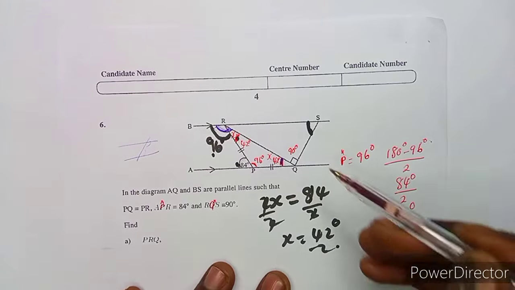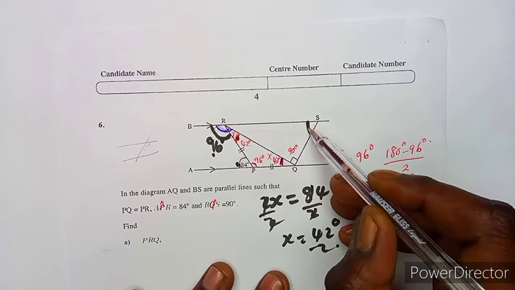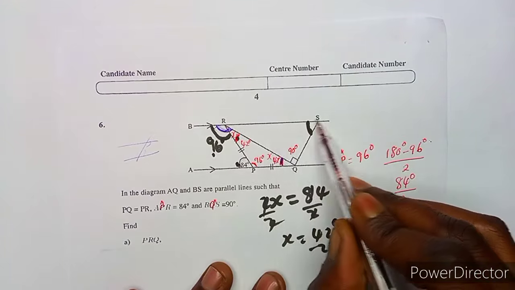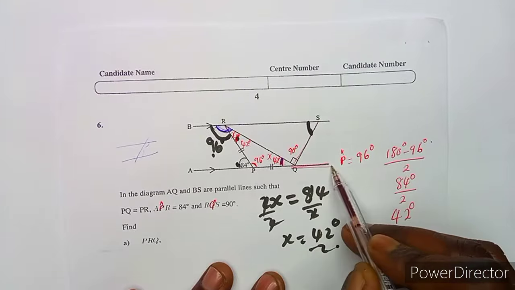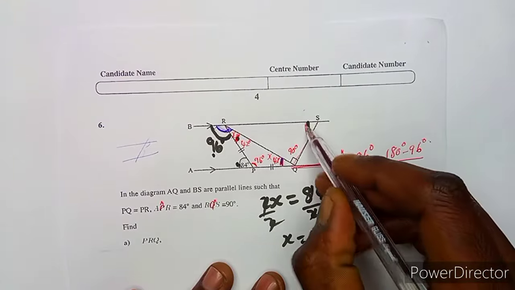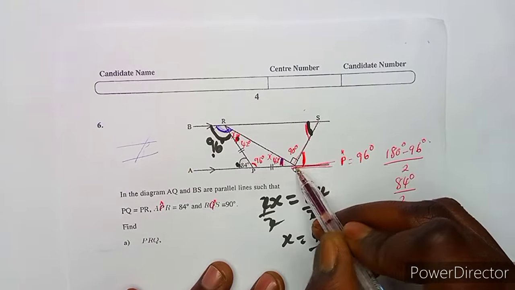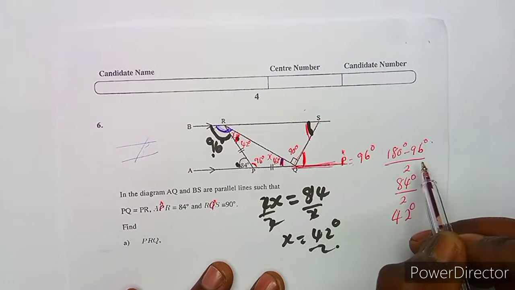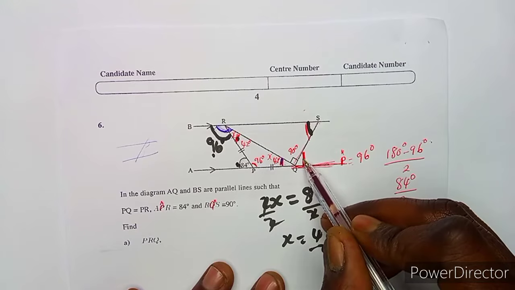If we are to cross check, we said this is actually 42. If we consider this z here, you're talking of alternate angles. So this angle and this angle are equal, which is SQ going to this point on the other hand. These two, they are equal.